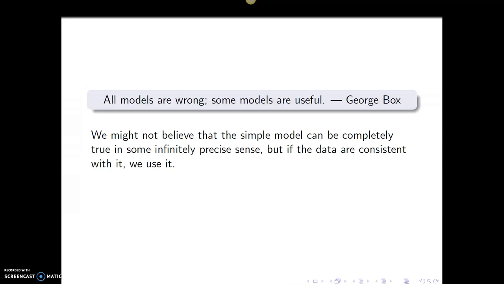Famous quote that I think comes up in every course I teach of applied statistics: all of the models we will entertain this semester, George Box would say, are wrong. But some of them work pretty well. So he said all models are wrong, some models are useful. We don't need the model to be theoretically perfect.